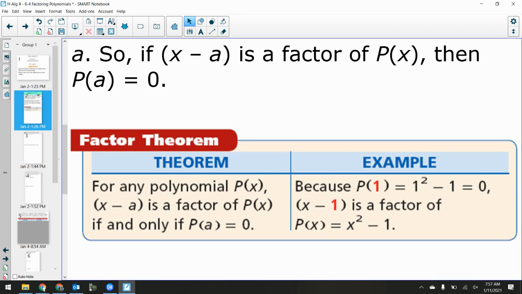If and only if p of a is equal to 0. So you know that works backward as well. If you know p of a is equal to 0, then you know it's a factor. Like if you run it through synthetic division and your last number is a 0, you know it's a factor. Works forward as well. If it's a factor, you're going to get a 0 remainder.